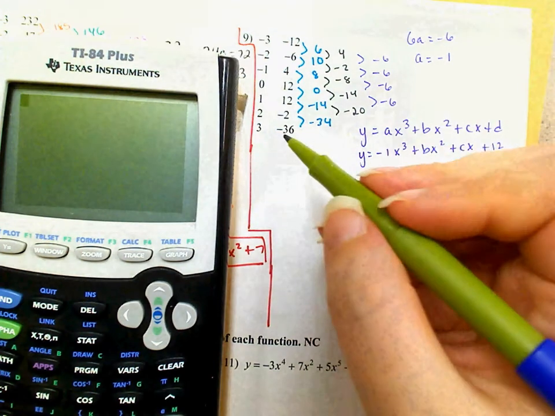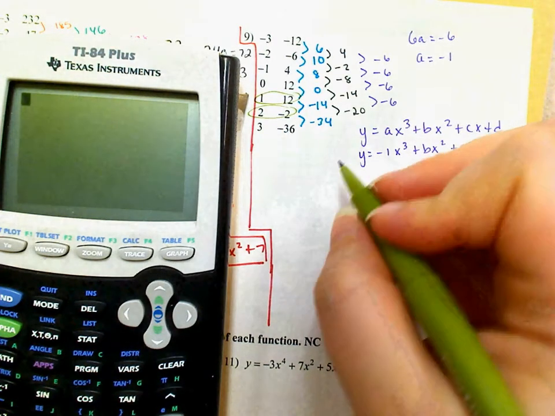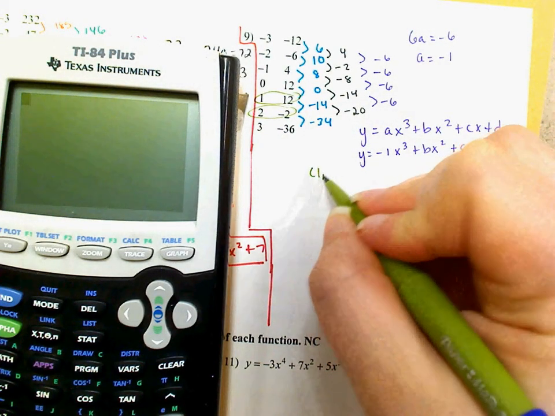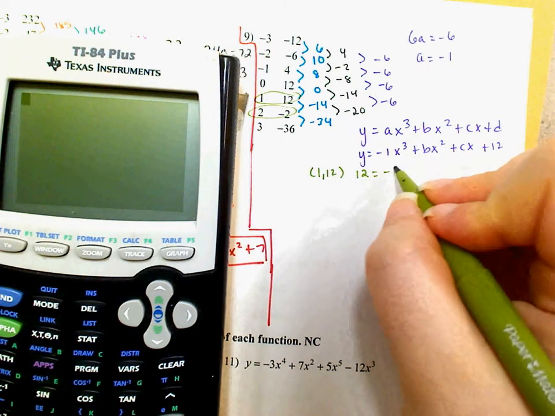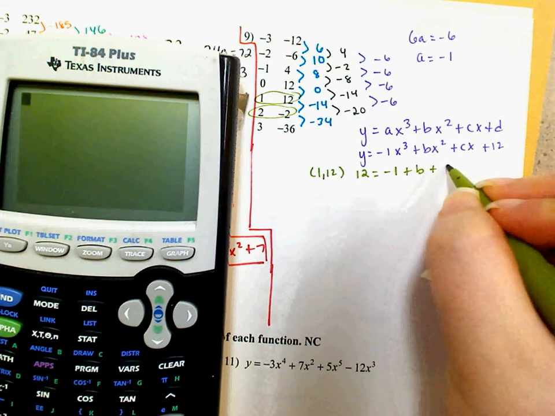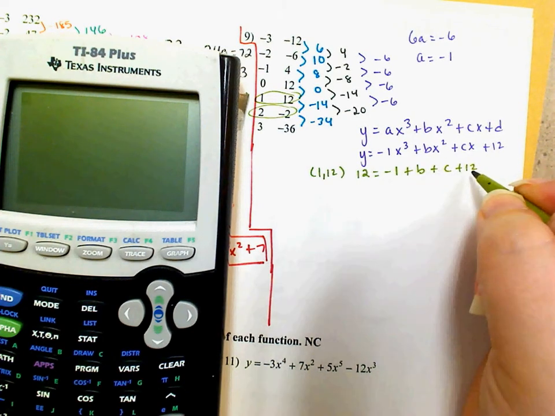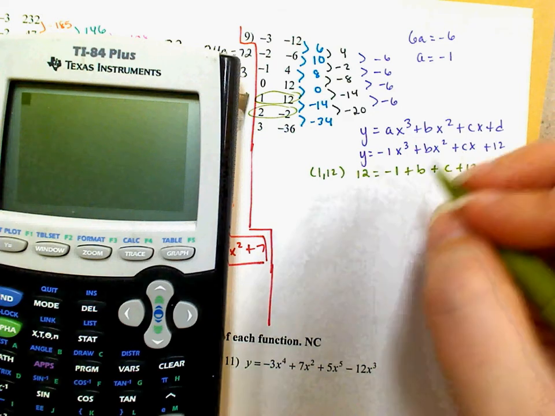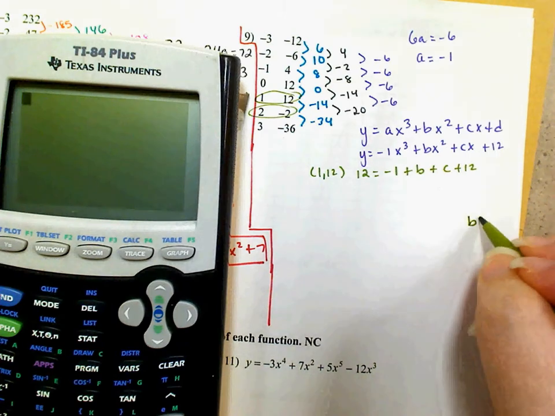So let's use the point 1, 12. So 12 equals -1 times 1 cubed is just -1, plus b times 1 squared is b, plus c times 1 is c, plus 12. So -1 plus 12 is 11, and if I subtract 11, I get 1. So I've got b plus c equals, what did I say, 1? Yeah.